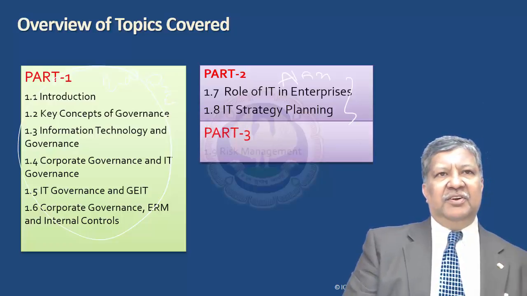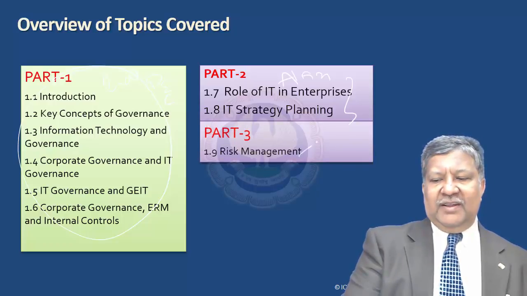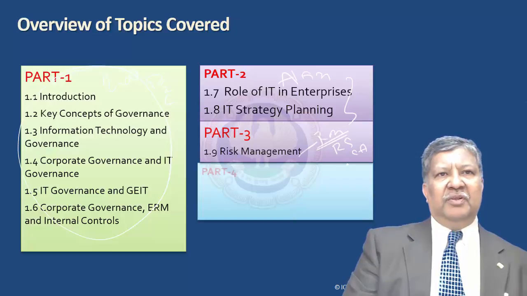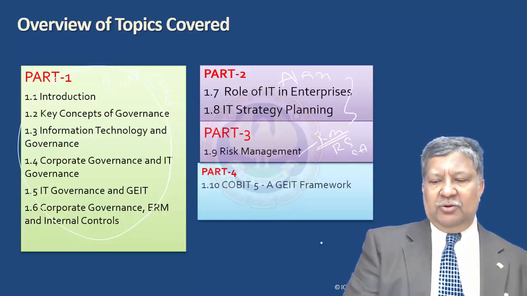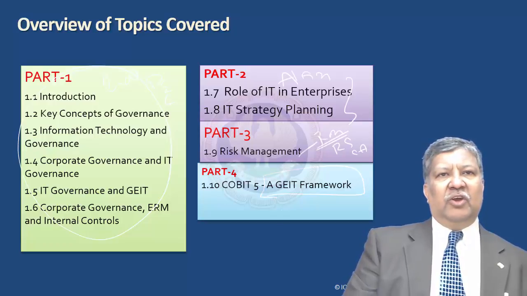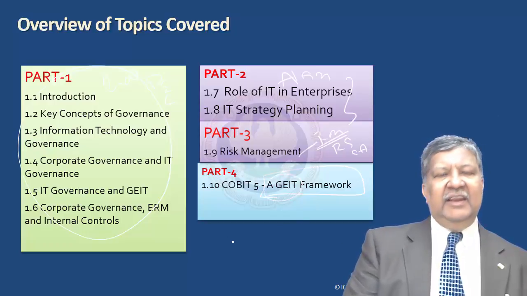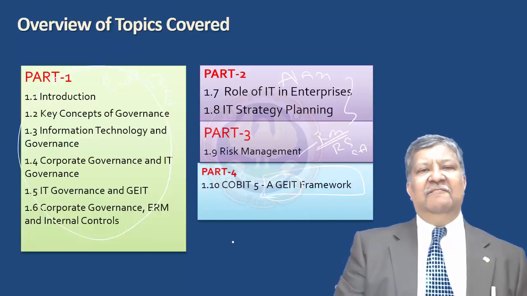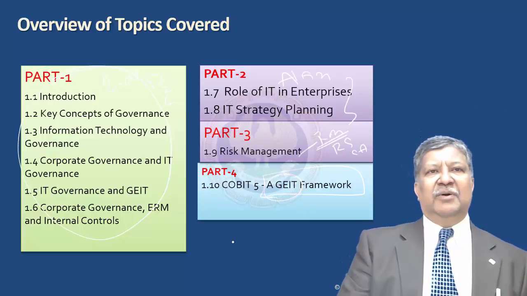And part 3 of the presentation, we discussed what is risk management all about. Now, this is where you had the ISCA. And then part 4 of the presentation, we discussed how COBIT is a generic framework, a business framework for implementing GEIT in any enterprise. Most of the modern enterprises, which are highly dependent on information technology, need to use a framework such as COBIT.